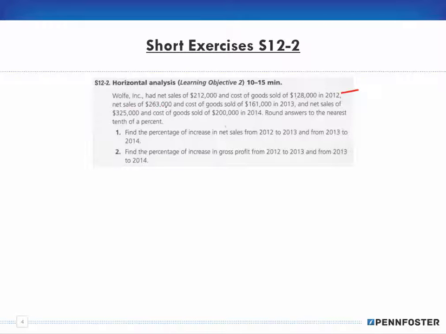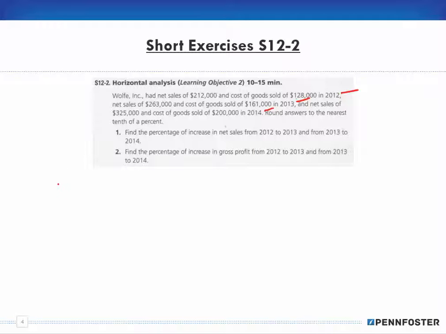Net sales of $263,000 and cost of goods sold of $161,000 in 2013, and net sales of $325,000 and cost of goods sold of $200,000 in 2014. Round your answers to the nearest tenth of a percent. So one, find the percentage of increase in sales from 2012 to 2013 and from 2013 to 2014. And then find the increase in the gross profit.